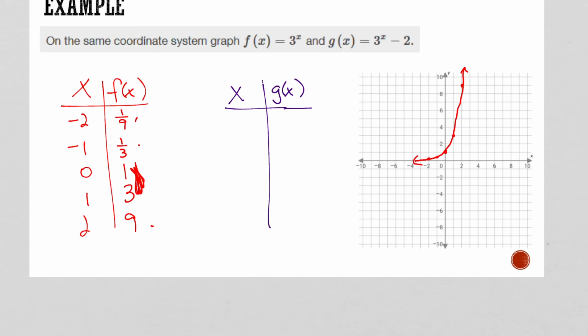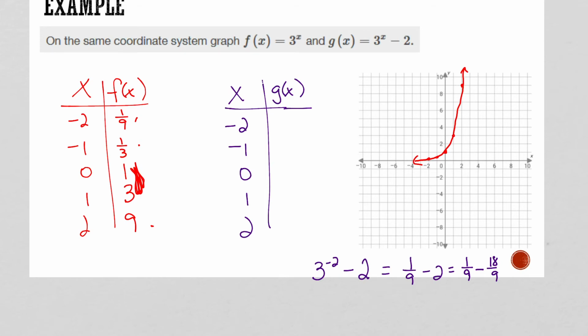All right, so let's do the same numbers. So if I have 3 to the negative 2 power minus 2, okay, so 3 to the negative 2 power is 1/9 minus 2, which would be 1/9 minus 18 over 9, because that's my common denominator.